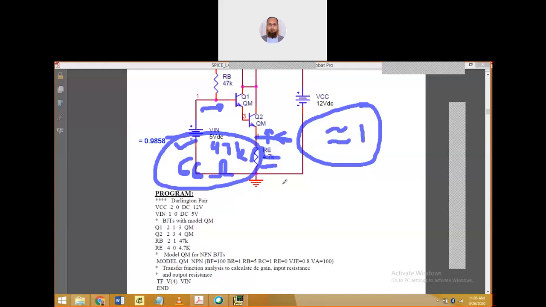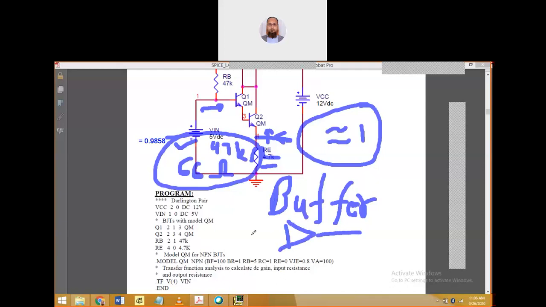So we can use it as a buffer. Buffers are the circuits that we use for impedance transfer. Means we connect input like this. This is input and this is output. So the input side impedance will be different and the output side impedance will be different.